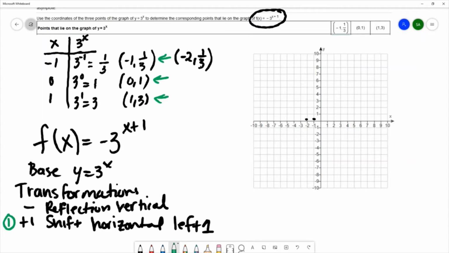Then we're going to do the transformation of reflection. This is a vertical reflection, meaning that anything that is above the x-axis gets reflected below. So that point is right now 1/3 above the x-axis, and when we reflect it, it will be 1/3 below.